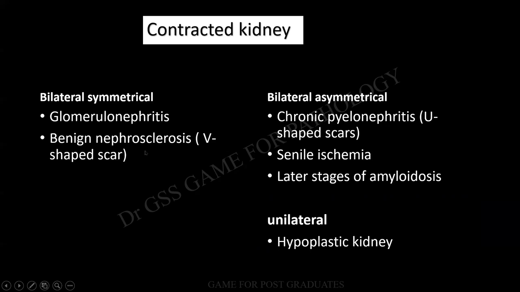There will be a V-shaped scar that can be seen. And in a case of pyelonephritis, there can be a U-shaped scar. Senile ischemia, later stages of amyloidosis. Amyloidosis, it is enlarged, but later on there is fibrosis, there is contraction. If it is going to be unilateral, it can be a unilateral obstruction or it can be a hypoplastic kidney.